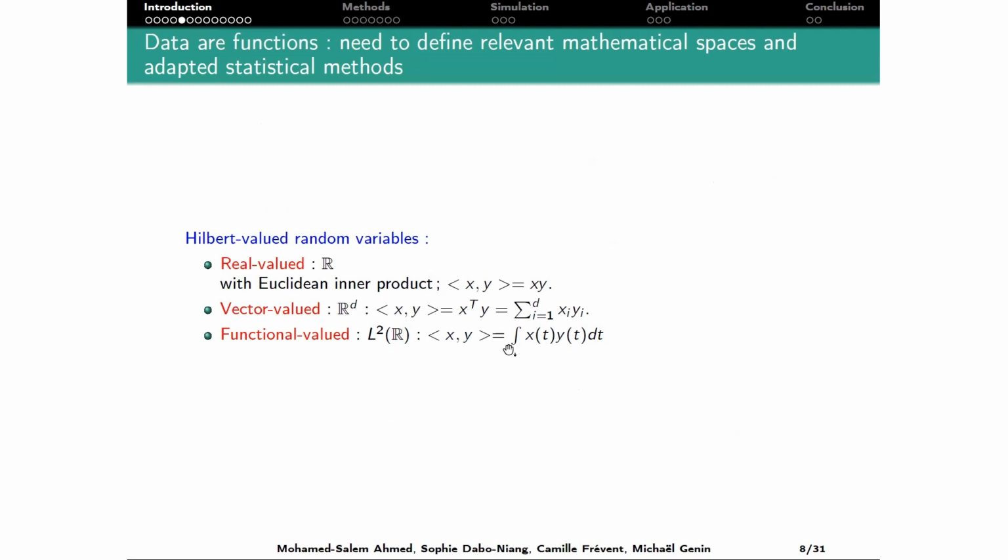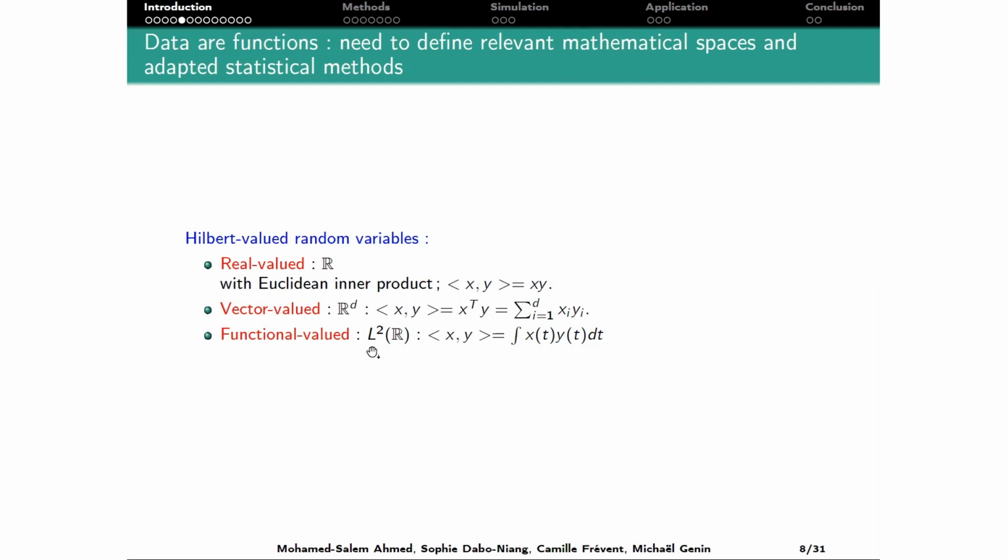For classical real-valued data, we all know that the Euclidean norm or inner product is very convenient. If we generalize to dimension d, meaning that I'm taking the average temperature or the average air pollution for a given pollutant, I would say d is equal to 2, and then we can use the Euclidean inner product. Now if the data I'm dealing with are functions, like the functions I showed you, let's suppose that these functions are square integrable.